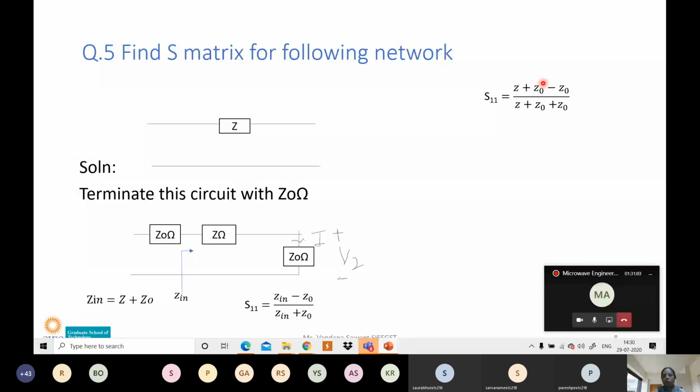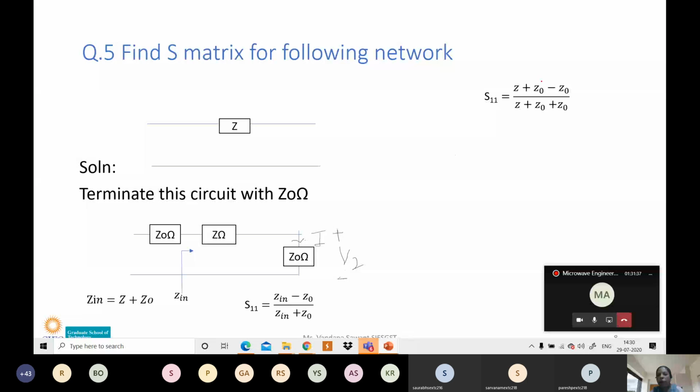Now in this S11, the plus Z0 gets cancelled with the minus Z0.